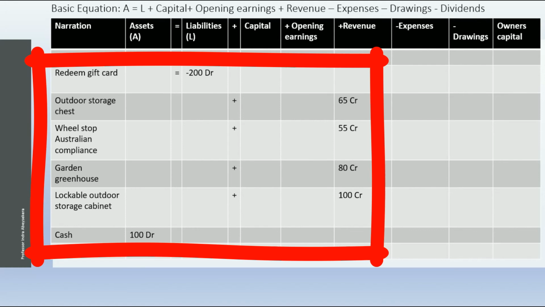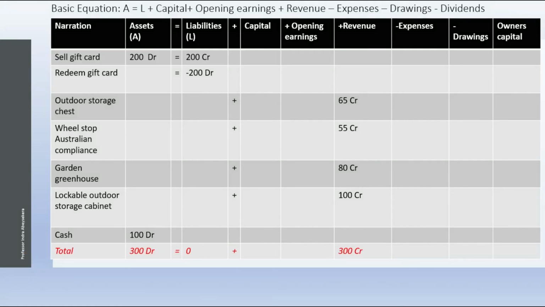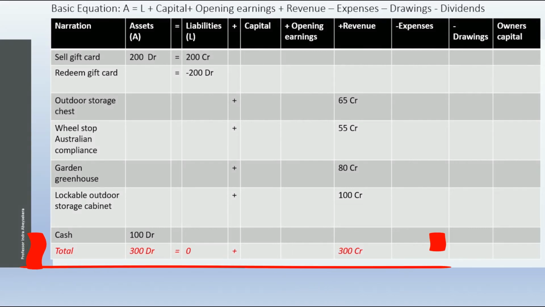The redeeming of the gift card decreases liability, and then the revenue increases with the sale of the four items, and then the settlement of the remaining amount was cash, and the cash balance increases. Because both transactions balance on the left side and the right side, when we add up, the left side equals the right side of $300.